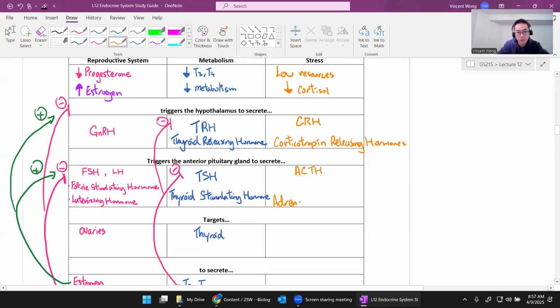Adrenal, see, it tells you where to go, right? Adrenocorticotropic hormone. Even if you don't remember the T, at least remember adrenocortical, right? Because it tells you it's going to target the adrenal cortex.